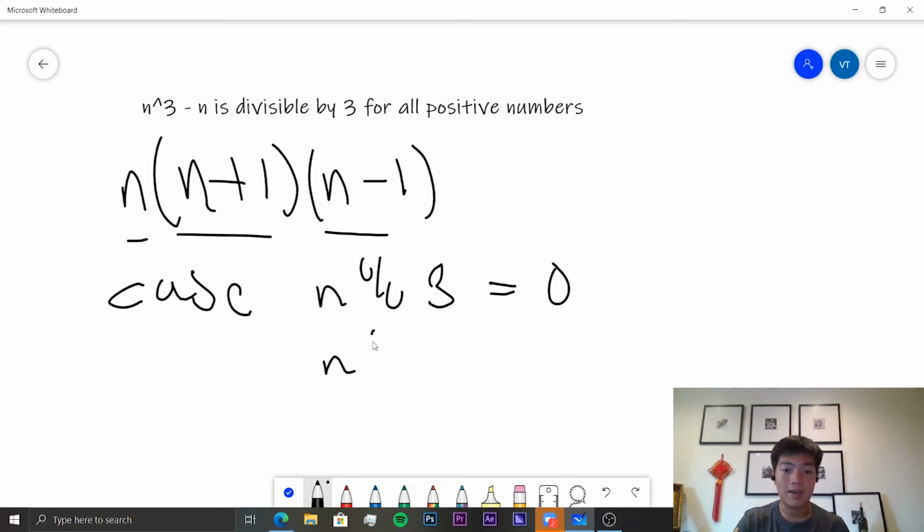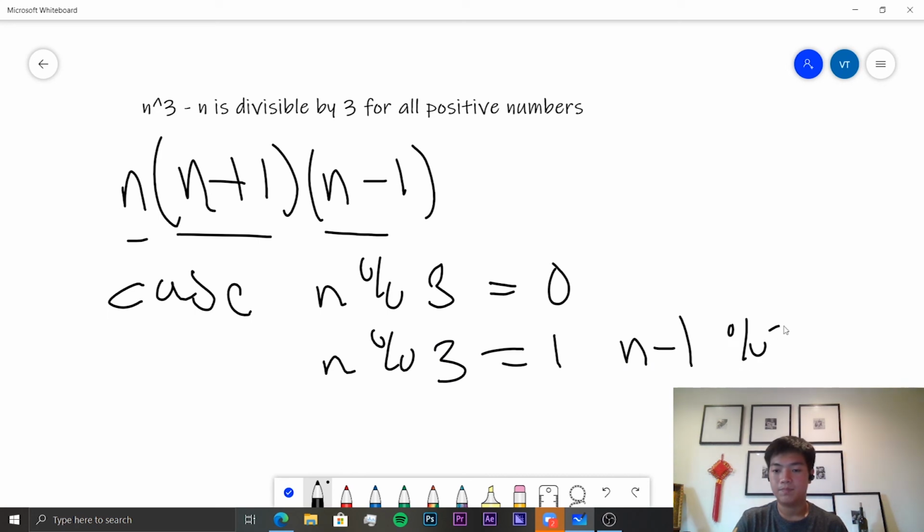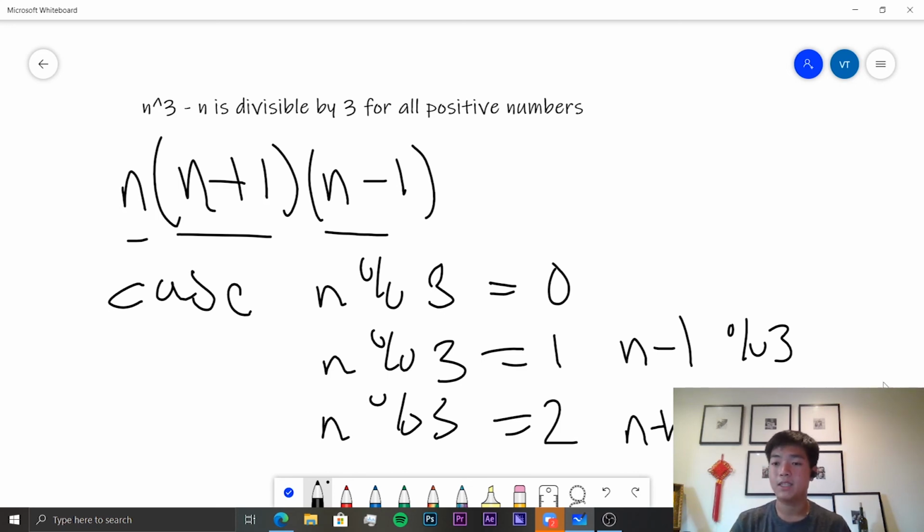For the case that n modulo 3 is equal to 1, so when we divide it by 3 we get a remainder of 1, then n minus 1 will be divisible by 3. And in the case that when we divide it by 3 we get a remainder of 2, then n plus 1 divided by 3 will give a remainder of 0. And so that's pretty much it.